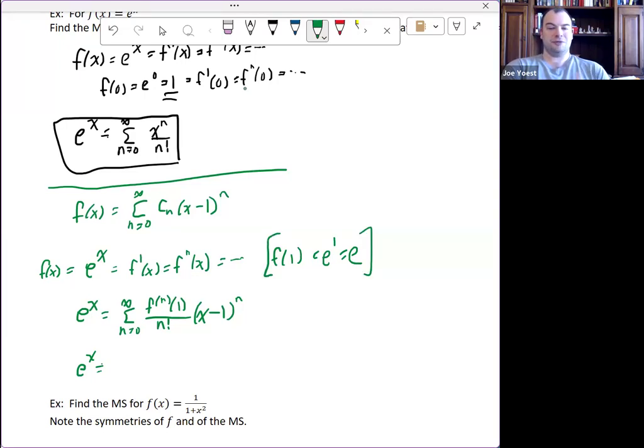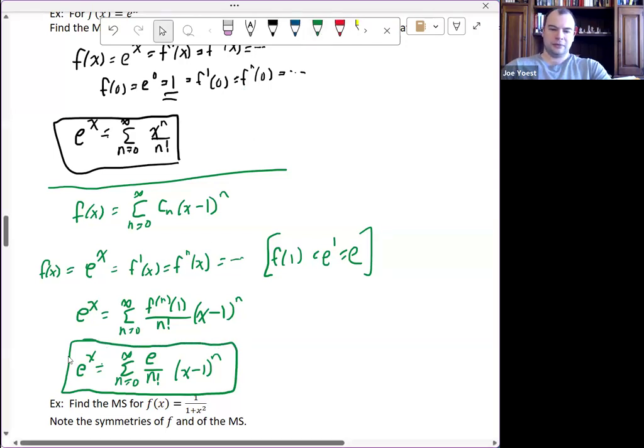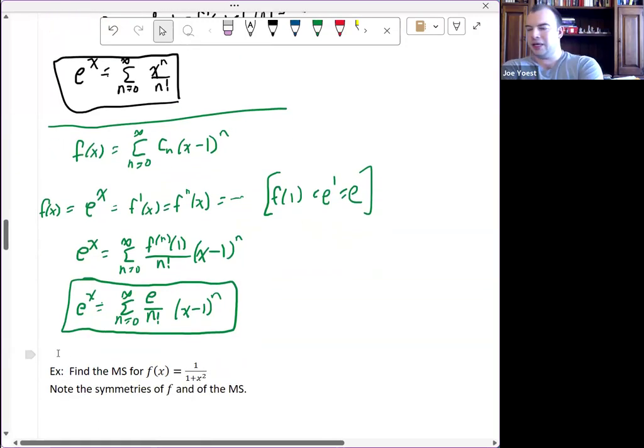And that's also, of course, f prime of 1, f double prime of 1, etc. So the sum from n equals 0 to infinity of just the number e, over n factorial, times x minus 1 to the n. And this will also converge on the whole real line.